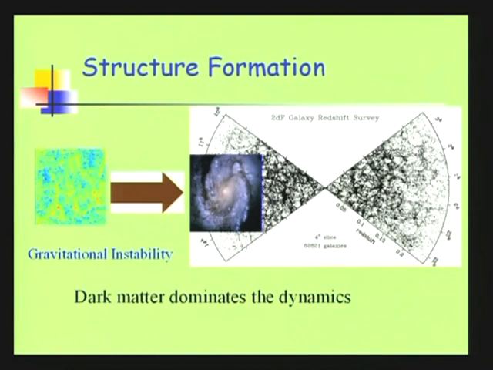So what is the process of gravitational instability? In this process, the regions where the matter density is slightly more than average attract the matter from other places, and in the regions where it is slightly below average, the matter goes out from there. These fluctuations grow as a consequence of that.